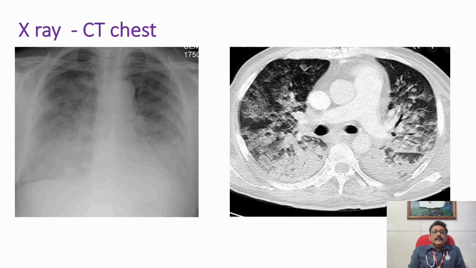Both TRALI and TACO will be similar on chest X-ray. You can see bilateral diffuse interstitial infiltrates. It can be similar to fluid overload. You can see bilateral fluffy shadows, diffuse shadows throughout the lung fields. CT can confirm it.